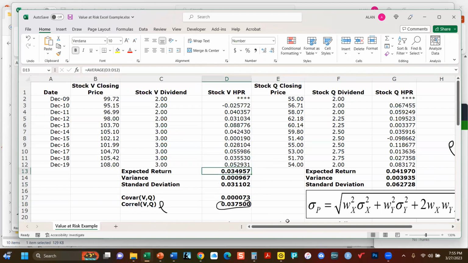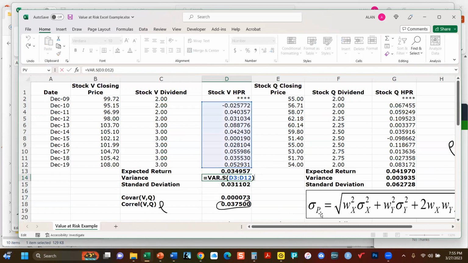For example, this is done with the function average. This is done with the function var.s. S means sample, by the way, to distinguish it from the population from which this is drawn.